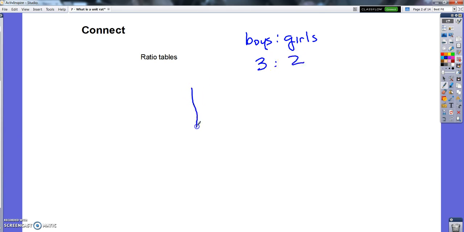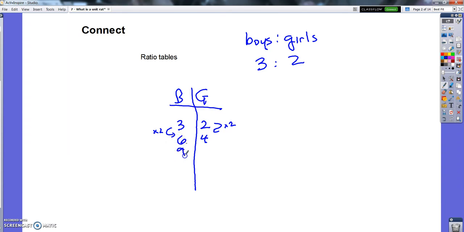Lots of times we've been making tables of that and saying, okay, if the ratio of boys to girls stays the same at 3 to 2, I could have 3 boys and 2 girls. Or I could double that, times 2, and have 6 boys and 4 girls.